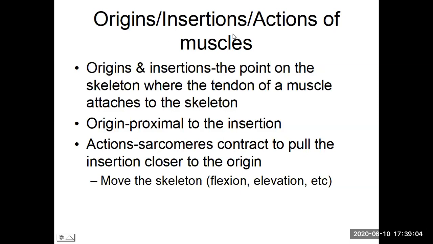The first 2 truly pertain to the tendons. So what's known as an origin and insertion? These terms are now typically some area on the skeleton. Muscles typically connect to the skeleton.